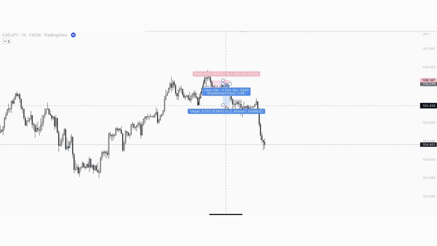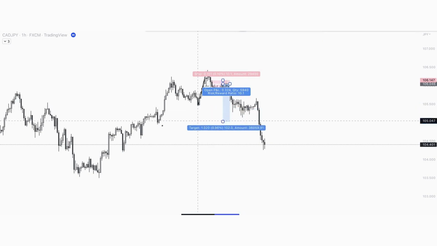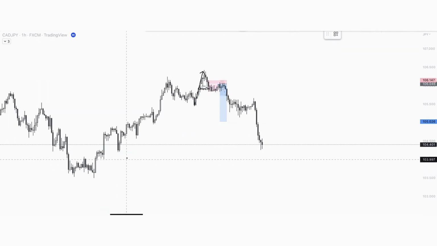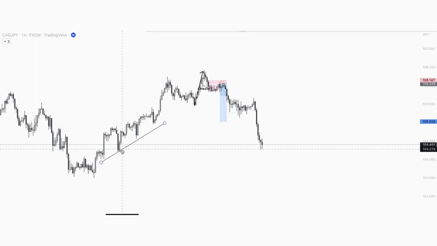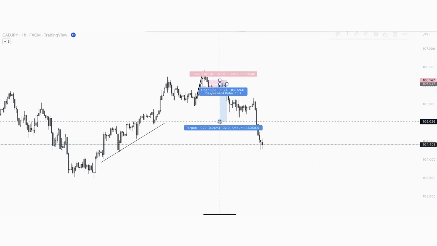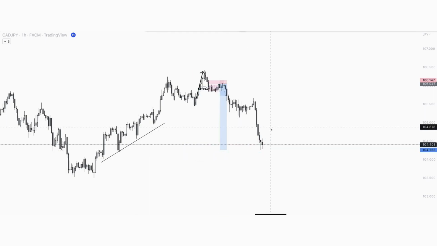You can put your target here or here, because as you can see, it creates this trend line where there's a stop loss below this swing low. Price might go here and sweep all the liquidity.